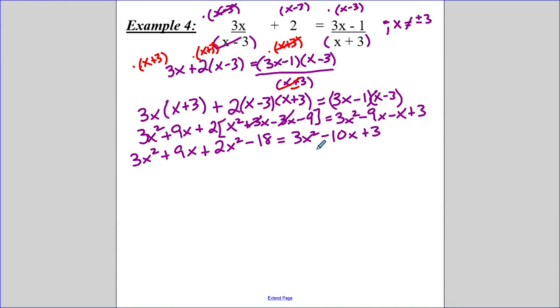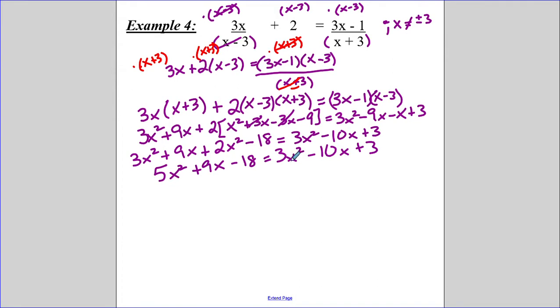Now I'm going to start to combine my like terms together. 3x squared plus 2x squared looks like 5x squared, plus 9x minus 18, is equal to 3x squared minus 10x plus 3.